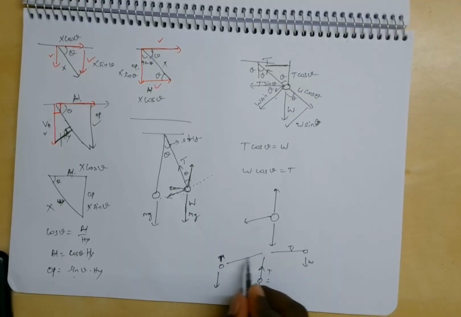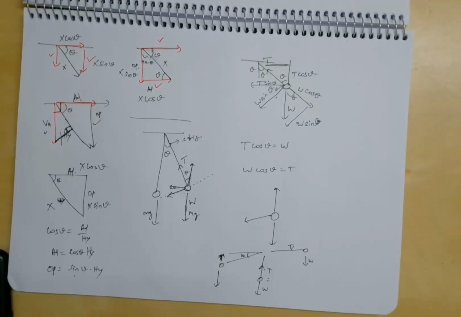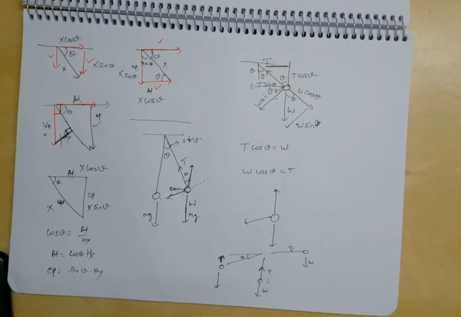So for a small angle, this depends on the position, on where and what condition we will split it. So this is very easy. Once we solve the problem, it will be very easy.